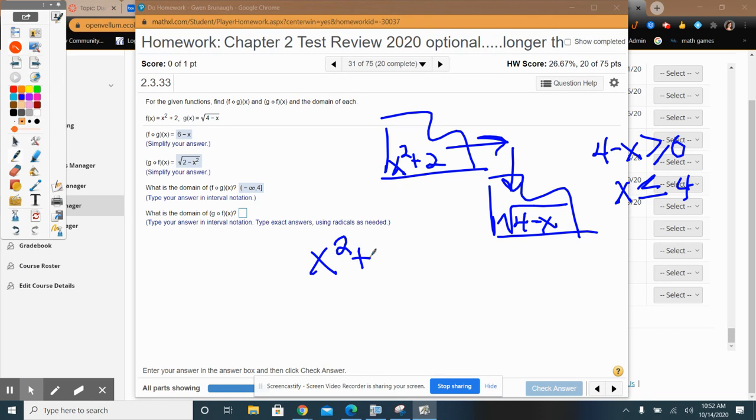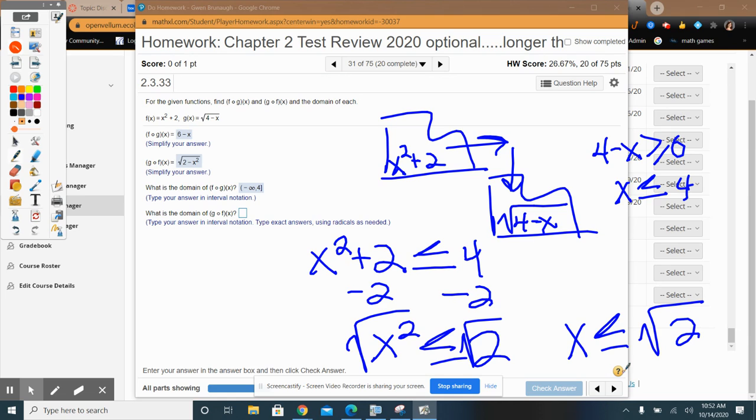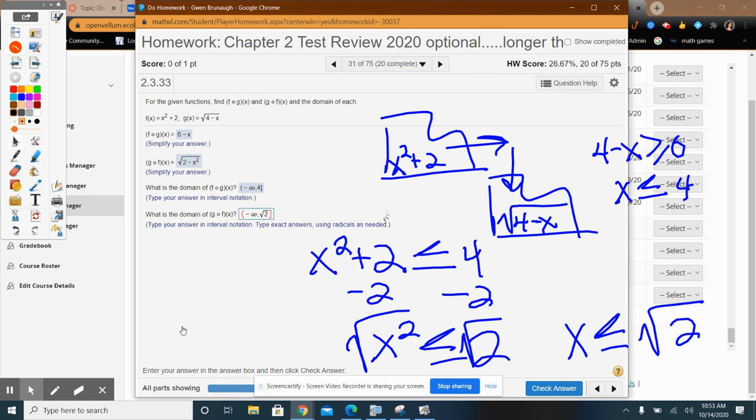This means that x squared plus 2 has to be less than or equal to 4. You would subtract 2. I don't remember this being on the test. If you square root both sides, that means x has to be less than or equal to the square root of 2. I don't know about that. Let's see what happens. Negative infinity to the square root of 2. And like I said, I don't remember talking about that one much with kids last year.